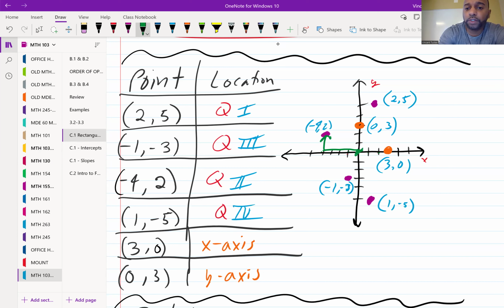And that puts us in quadrant 2. Fourth point, once again, starting at your origin. Then it's to the right 1, but then down 5. That's +1, -5. And that puts us in quadrant 4.